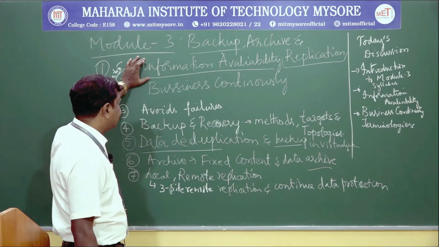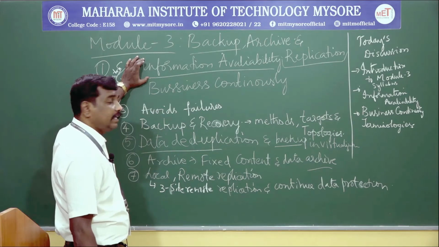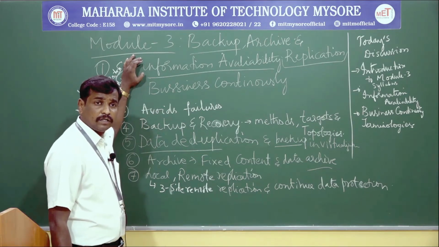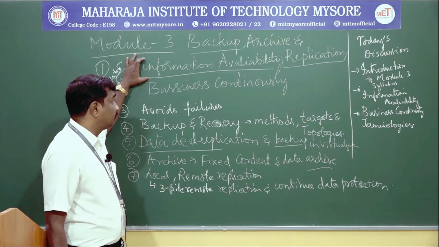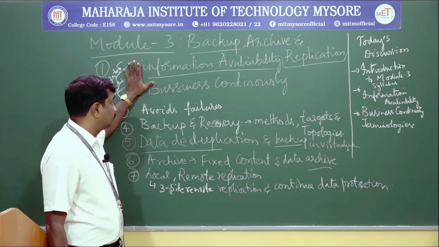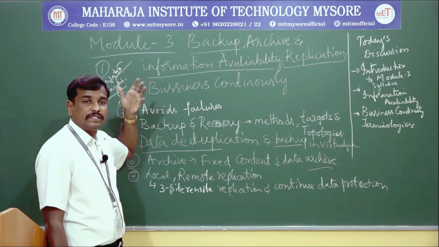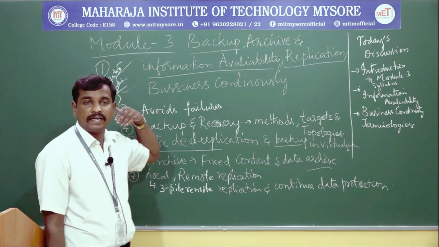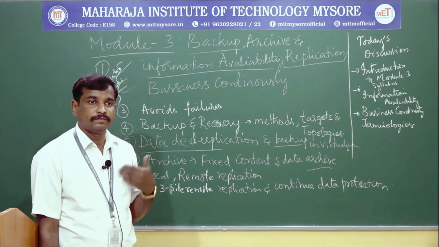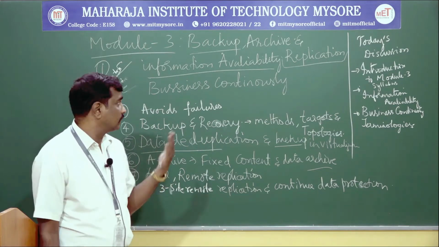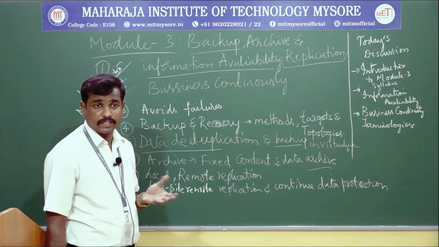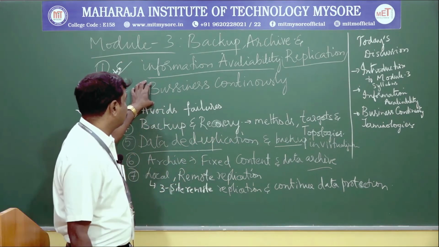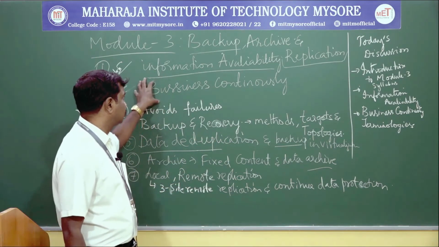While understanding information availability, we will understand its importance. Without information availability, what faults may occur, and what drawbacks may occur in the data centers, that we will discuss in detail. Along with that, we understand something called business continuity.